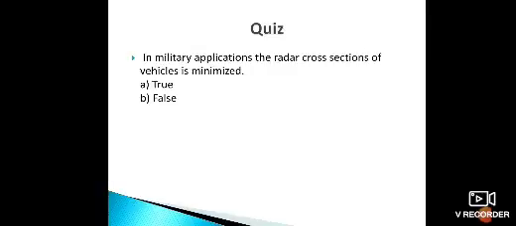Okay, so in our military applications, is the radar cross section of vehicles minimized? Whether it is true or false? Yes, it is true. The cross section of vehicles is going to be minimized in our military applications.